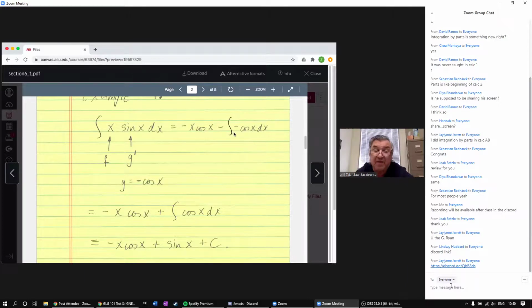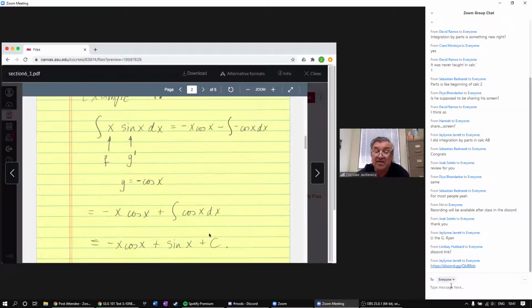And now f prime is 1. So 1, and g is minus cosine. So minus cosine. So minus gives you plus, and we have that this thing is equal to minus x cosine x plus, yeah, minus is plus, the integral of cosine x dx.